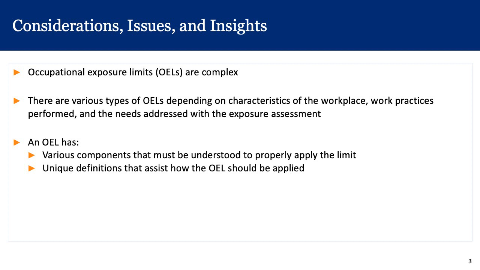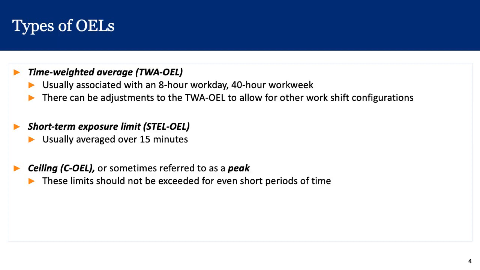And in the next few slides, we'll talk about a few definitions that provide us insights into how an OEL should be applied. So what are the different types of OELs? The first kind of an OEL is a time-weighted average OEL, usually associated with an 8-hour workday, 40-hour work week.